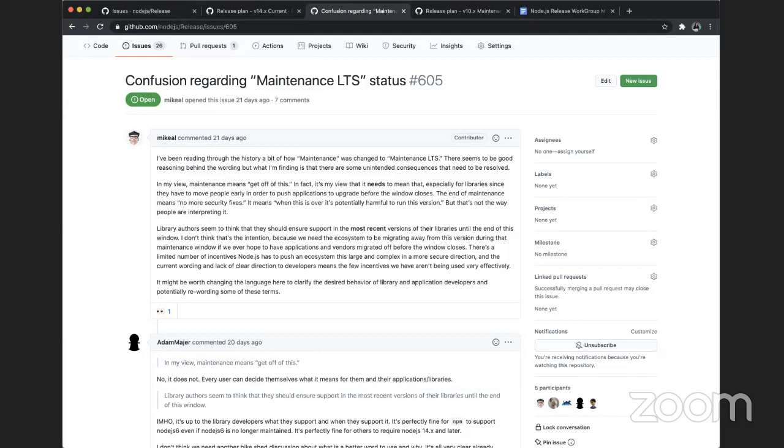And to them, that's what LTS means. In fact, in many other projects, what we call maintenance LTS is far closer to what their LTS programs are like. It's much more of a: we're going to fix bugs and security vulnerabilities, but it's stable and you shouldn't expect too many things to change. So I think that we do need to take this with a grain of salt.